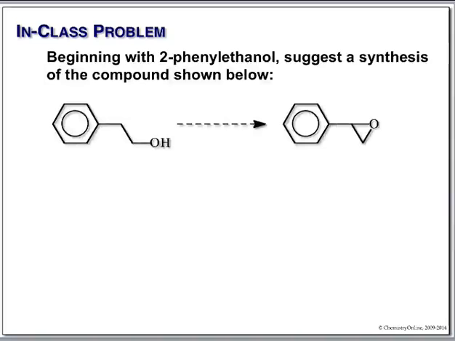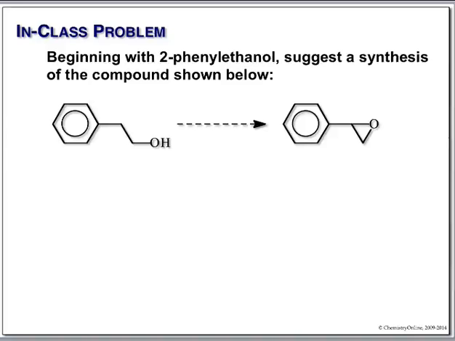We see here that in our starting material, we have a benzene ring that shows up here. We have 2 carbons. They're going to be those 2, aren't they? All right, so we're making an epoxide. How do we know to make epoxides? 2 ways, only 2 ways.